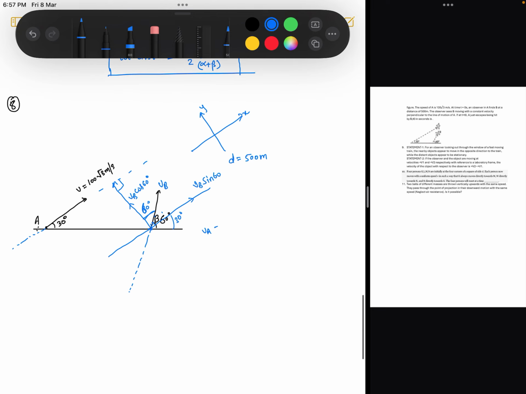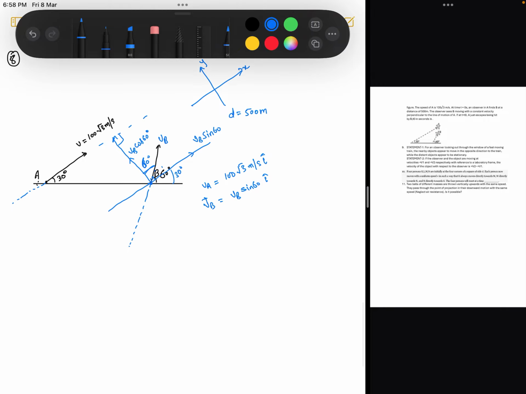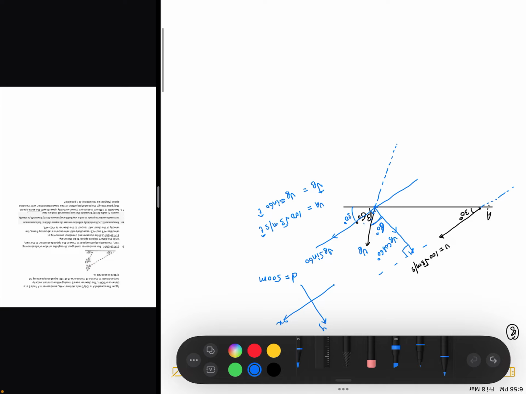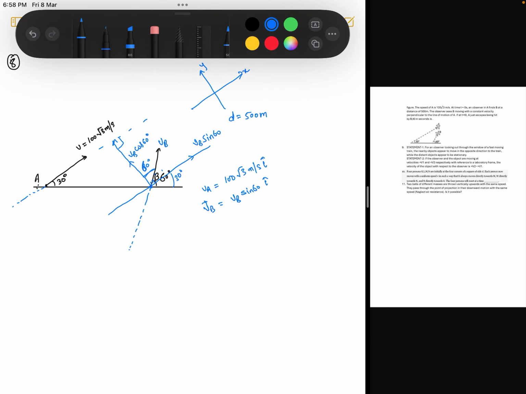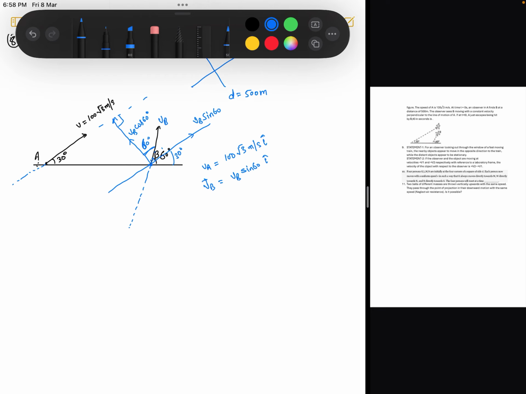So VA I can write as 100 root 3 meter per second i cap, and VB vector I am writing equal to VB sin 60 i cap. Since there is no motion along the parallel direction, their velocities will be equal in this direction of motion.